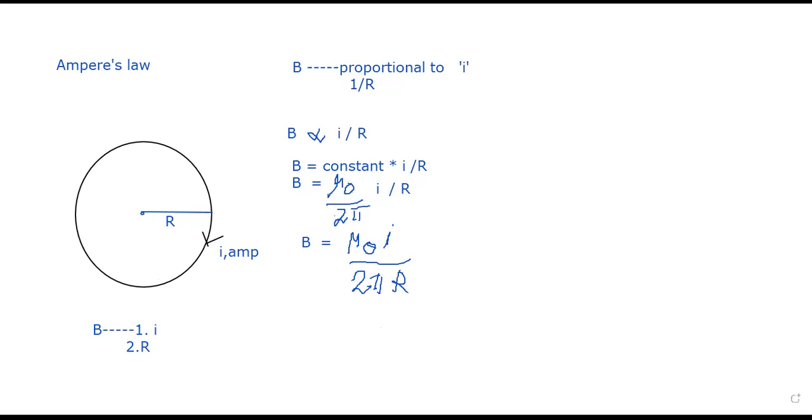This is the magnetic field due to the circular loop. But remember, this magnetic field is developed at the center of the circular loop.